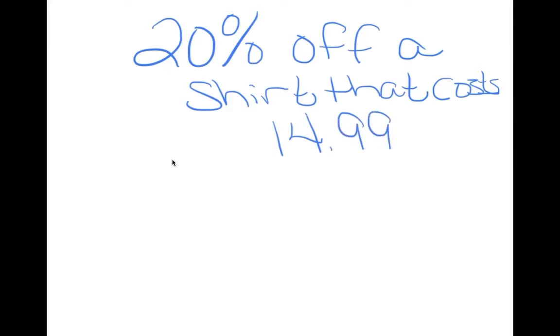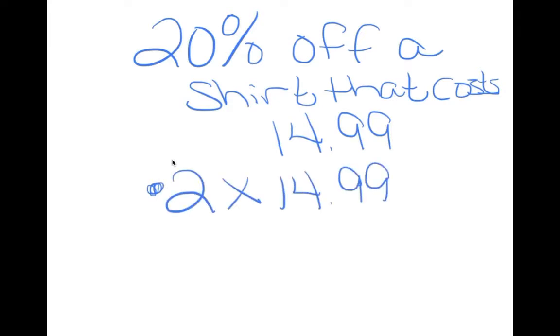Okay, we want to know how much off are we going to get. So we do 0.2 times $14.99. In this case, because you have a decimal in your price, you probably just want to convert your percent to a decimal, because decimal times decimal is a lot easier than trying to do a fraction times a decimal. So let's go ahead and calculate that out.